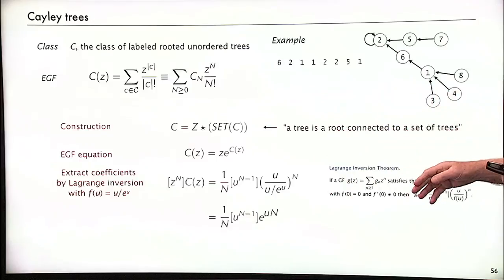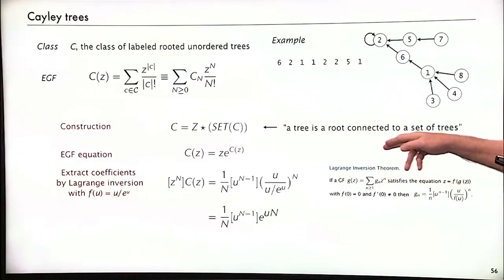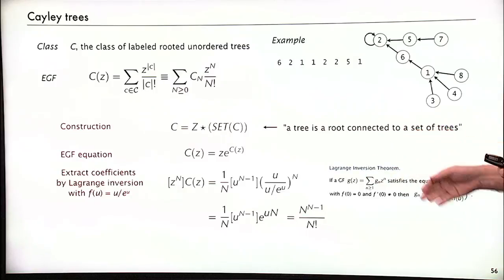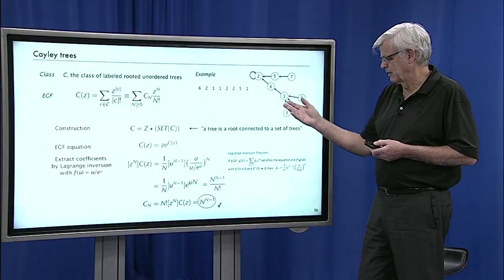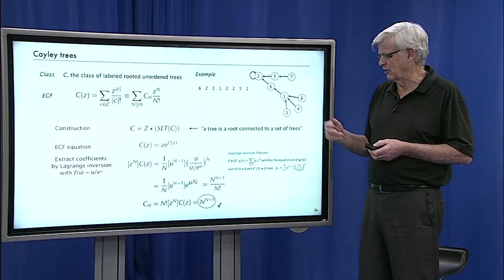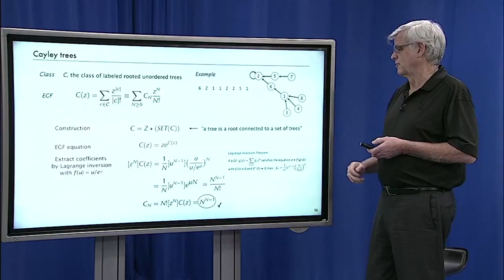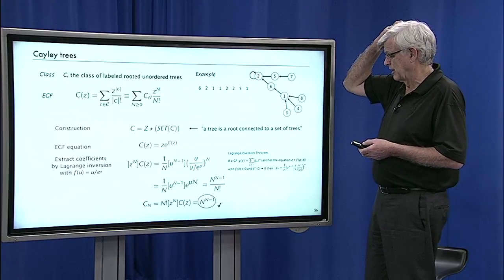So it's 1 over n times the coefficient of u to the n minus 1 in e to the un, which is n to the n minus 1 over n factorial. So the number of Cayley trees is n to the n minus 1, and that checks with our small values. So that's Lagrange inversion to enumerate Cayley trees.